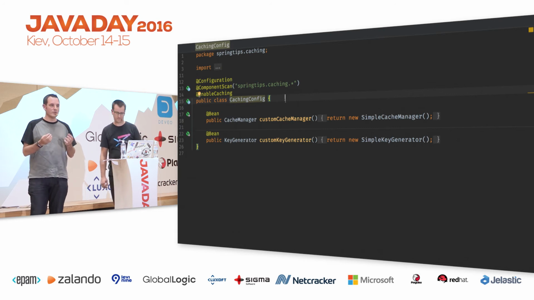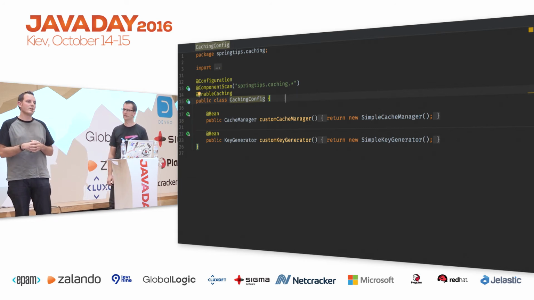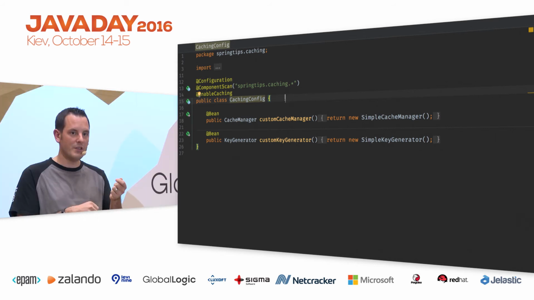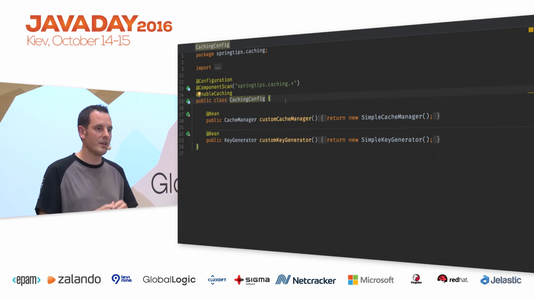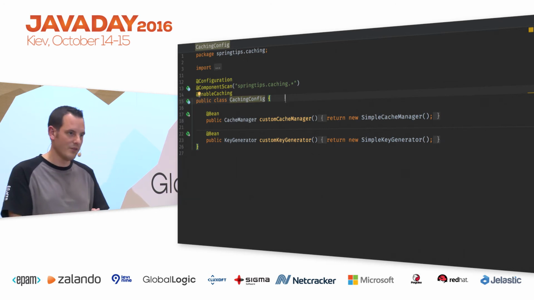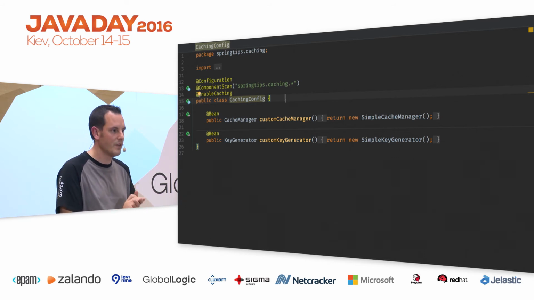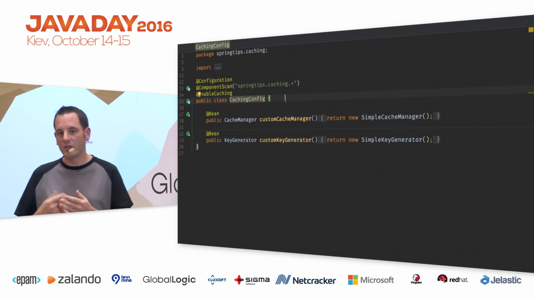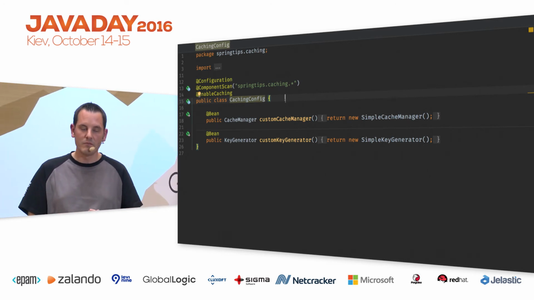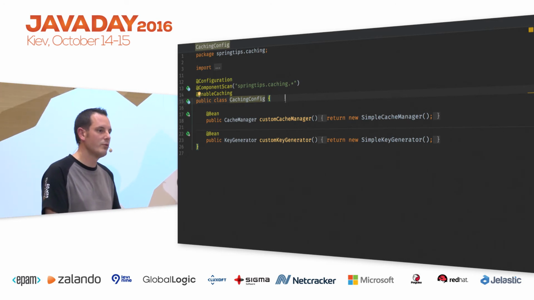So one thing you could do is basically in the body of that method interact with a cache, check first if there is an entry for a given key. If there isn't, just invoke your business logic and then put the value in the cache. And if there is a value in the cache, just take it from the cache and return it immediately. That's a lot of boilerplate code, and we don't want you to do that.